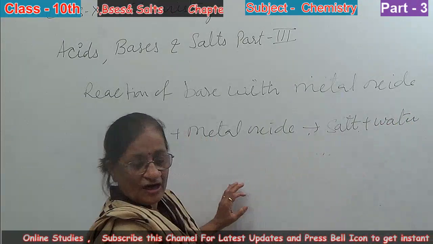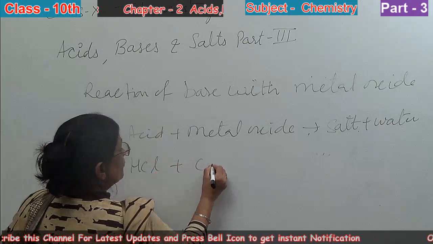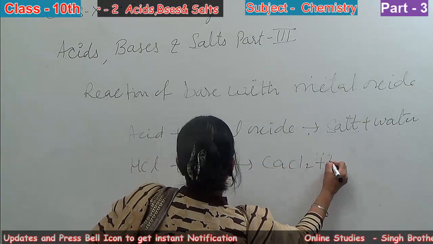So when we take the example of HCl plus CaO, a metal oxide, it forms CaCl2 plus H2O.